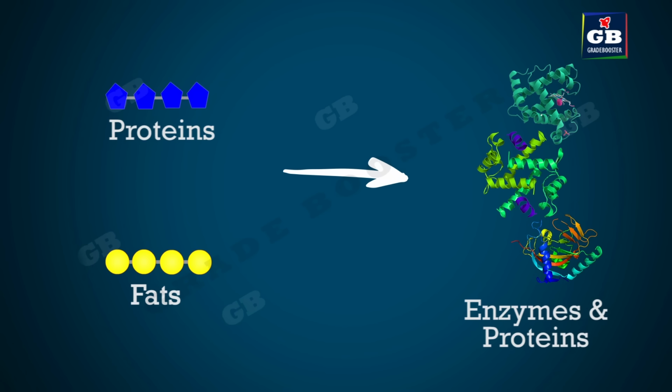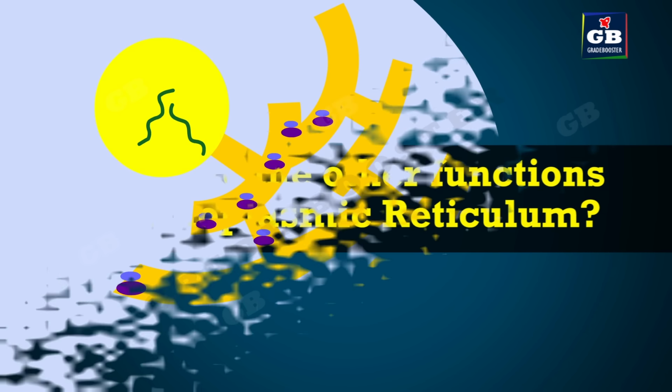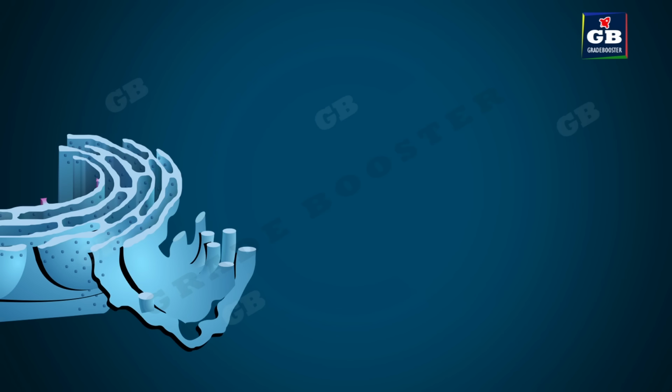Apart from protein and lipid manufacture, what are the other functions of endoplasmic reticulum? 1. Endoplasmic reticulum facilitates the transport of materials between various regions of cytoplasm. It also allows the transport of materials between the cytoplasm and nucleus. 2.